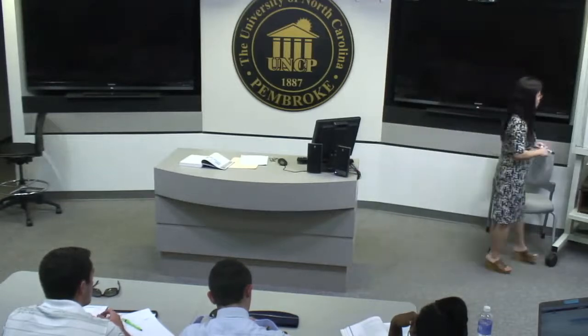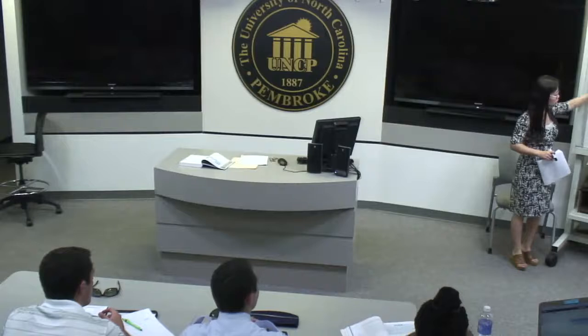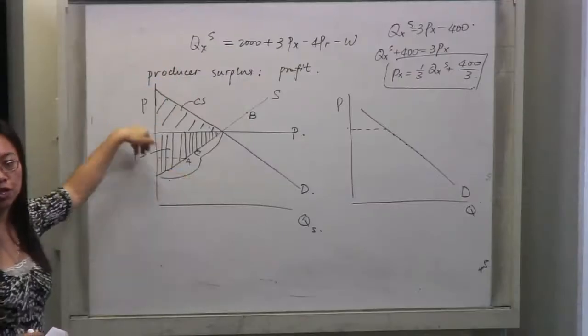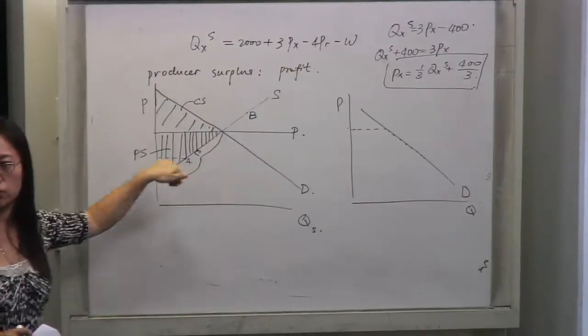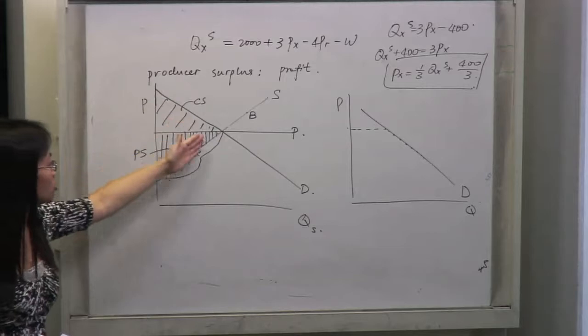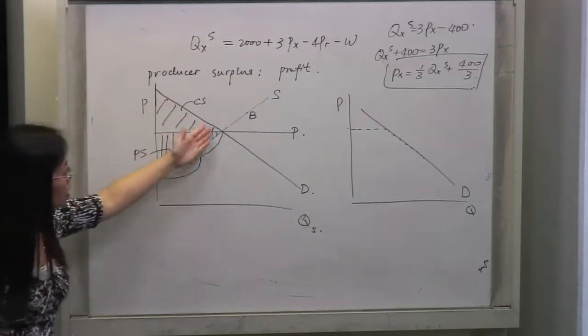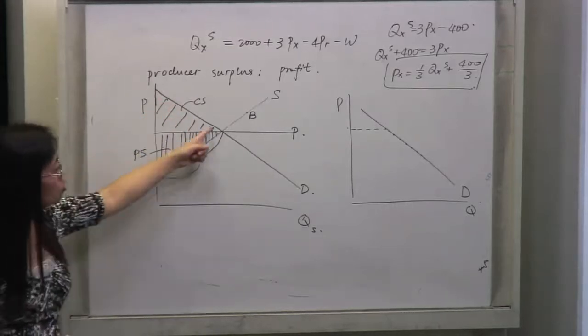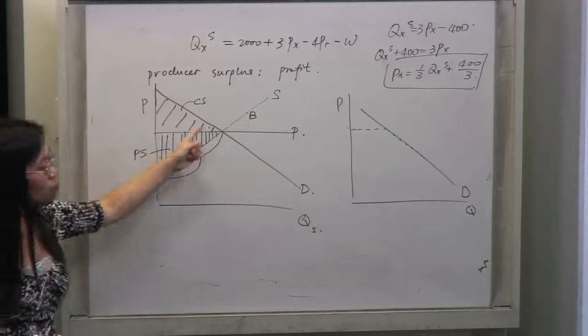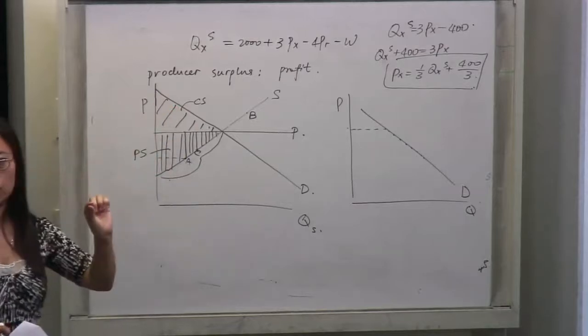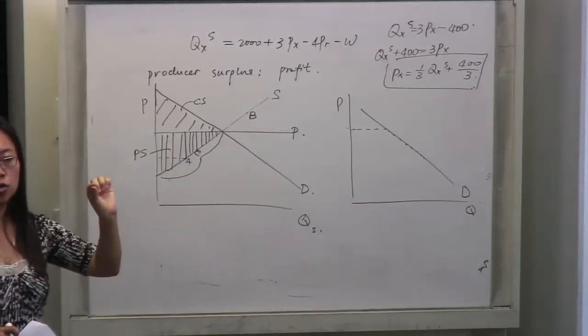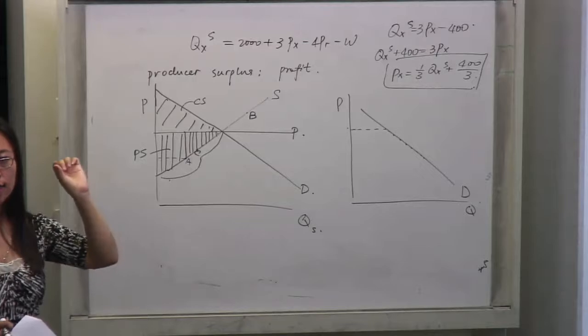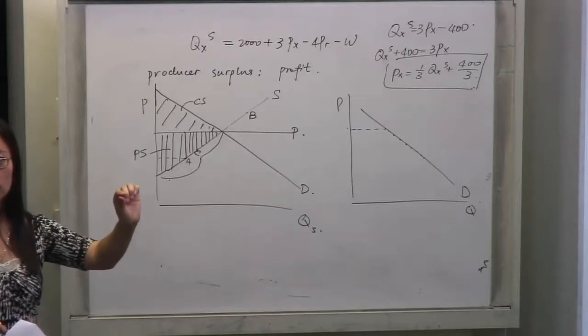So remember, this is the outcome when there's no intervention, and this is our social welfare. We use this social welfare to represent the efficiency level. The higher the social welfare is, the higher the efficiency level is in the economy.